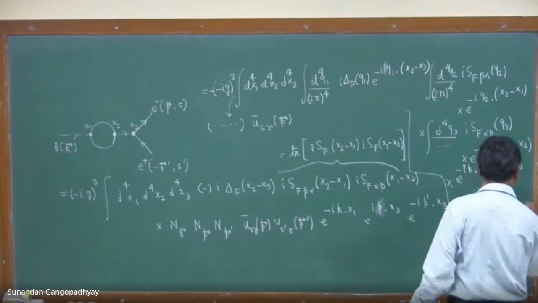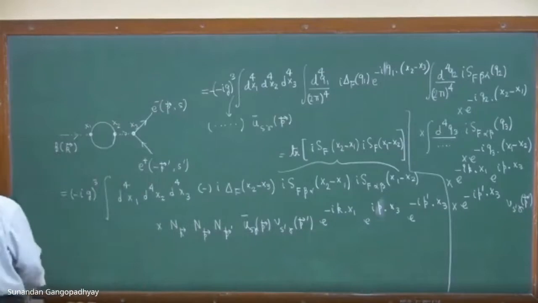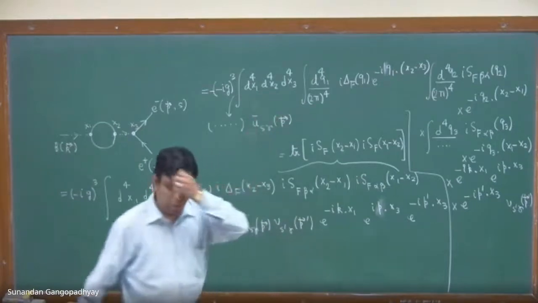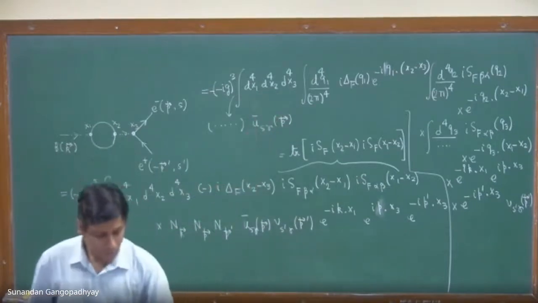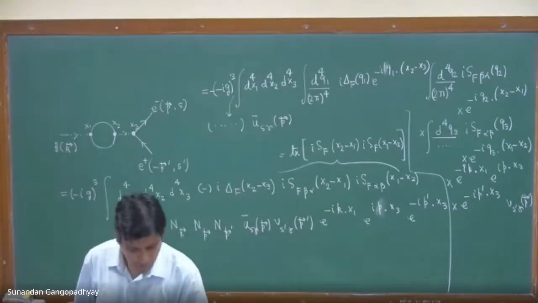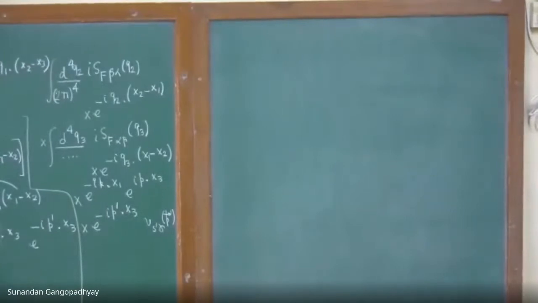It's fine. So once you write this expression, what we have done is the Fourier transform, and now the thing is quite simple. You have to just perform the integrations for these.